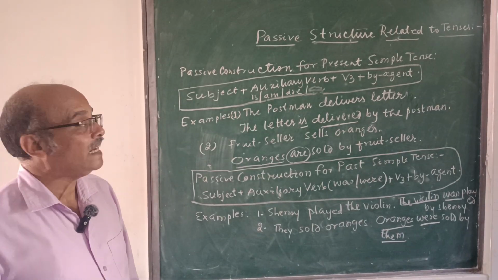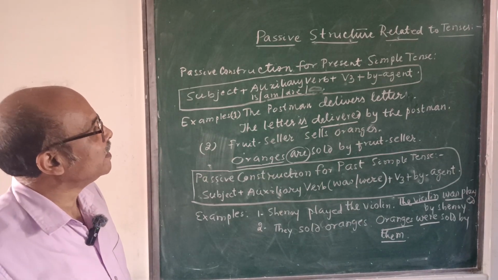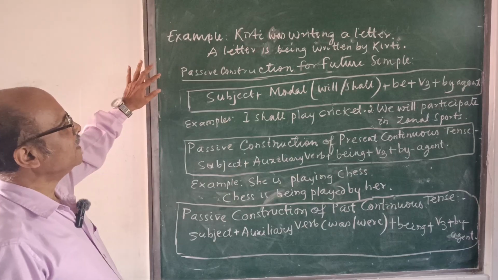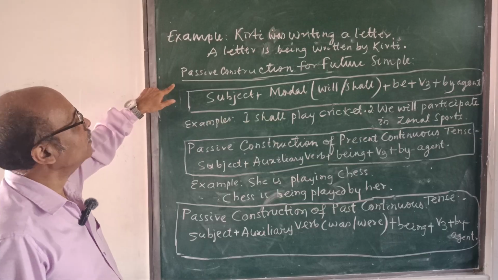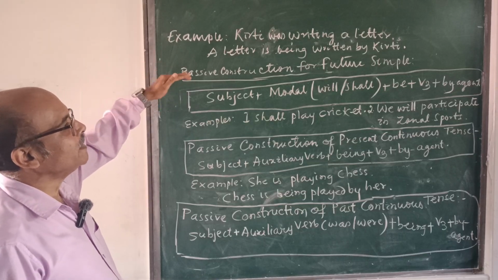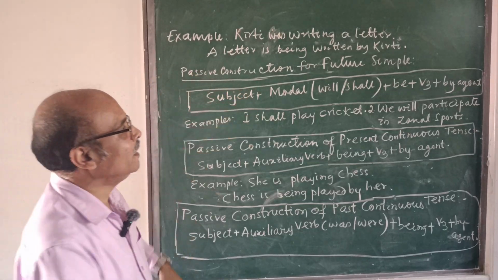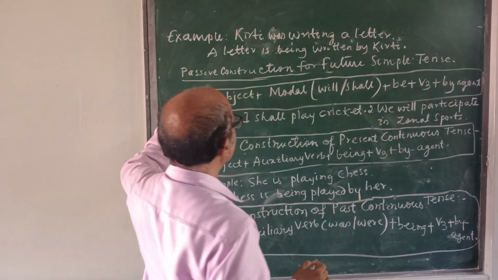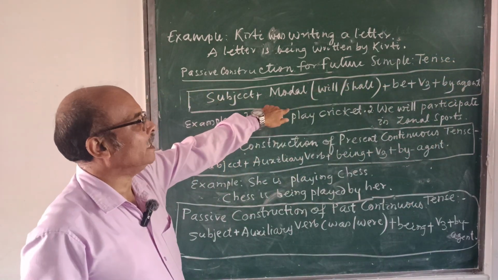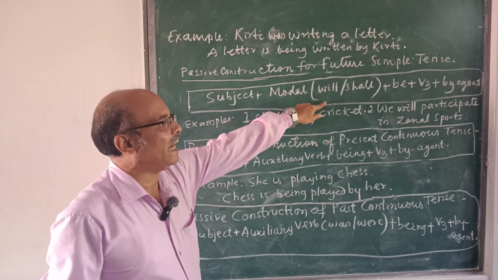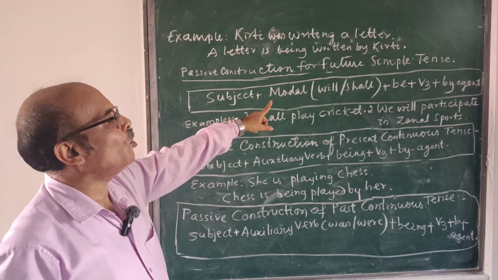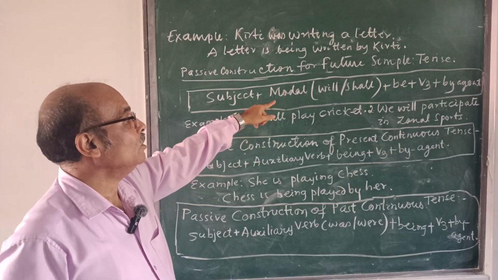Now, let's move on to the next one, that is passive construction for future simple tense. Subject plus modal, will and shall. Here I want to tell you that there is a difference between modal and auxiliary verb.